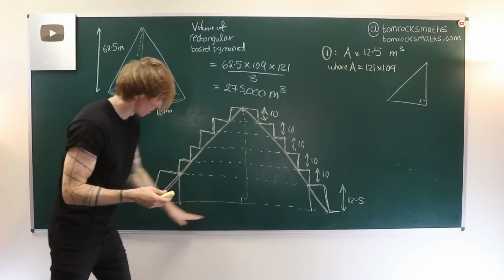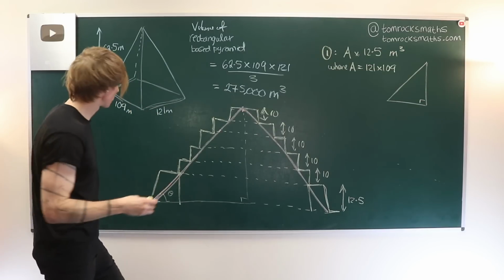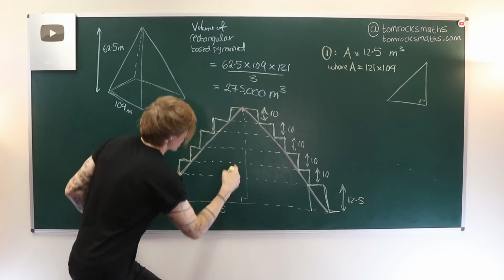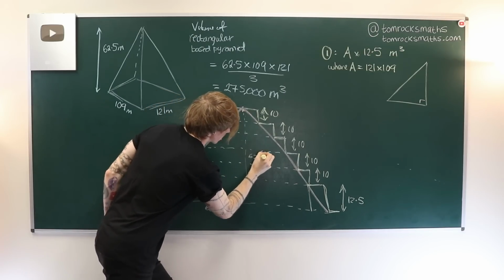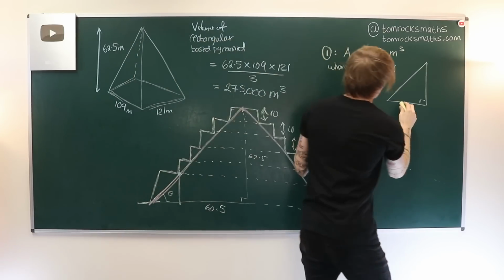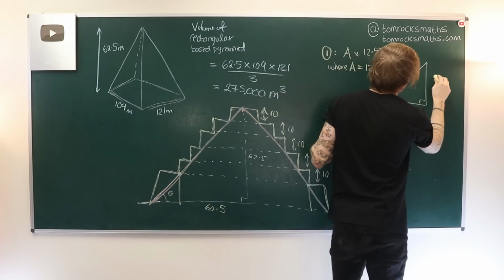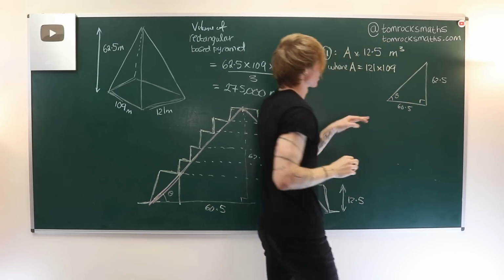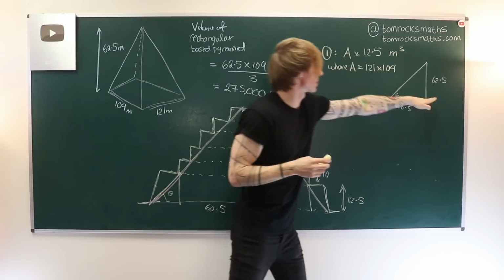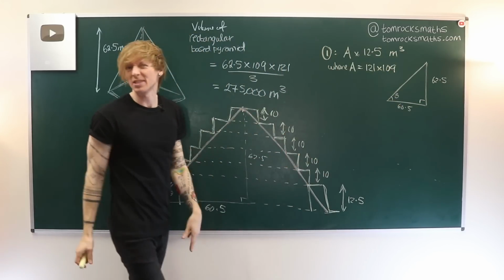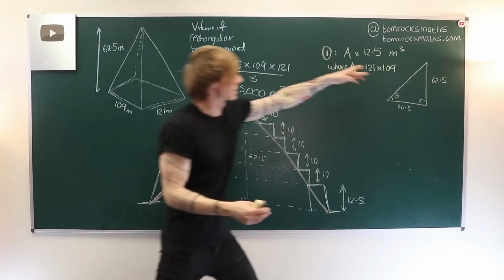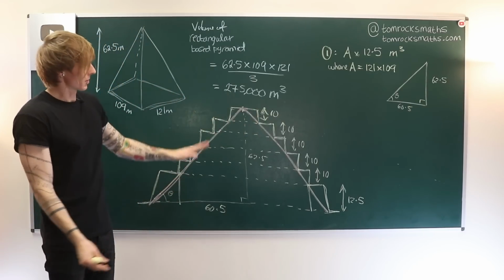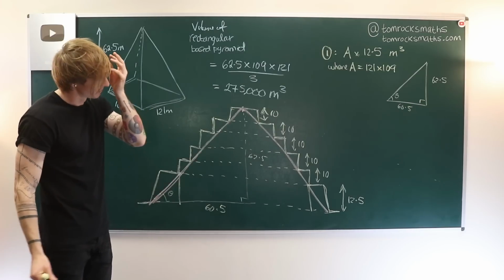So we know the bottom is, let's take the long side, for example, 121, so this is 60.5 across here, and we know that the height is 62.5 total. So writing them over here, we know this is 60.5, this is 62.5, and we have an angle theta. So tan of theta is equal to opposite over adjacent, so we can work that out. It's going to be a little bit bigger than 45 degrees because this is going to be a little bit bigger than 1, and tan of 45 degrees is 1. So we've got an angle a little bit steeper than 45 degrees.